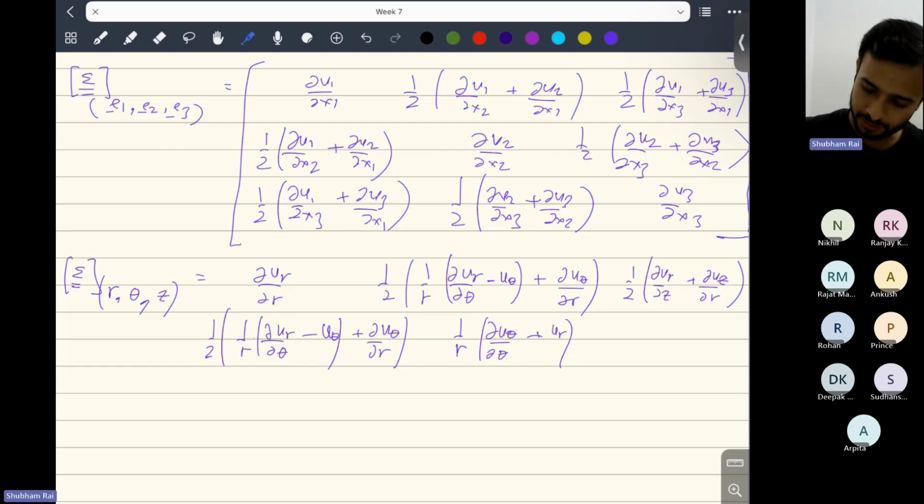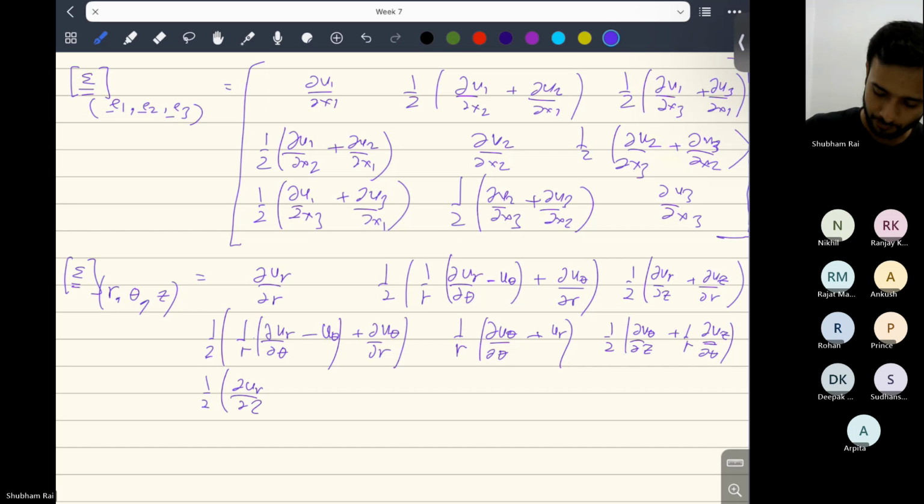Let me write the third component. 1 over 2 del u theta by del z plus 1 over r del u z by del theta. Let me write the last row. So 1 over 2 del u r by del z plus del u z by del r.